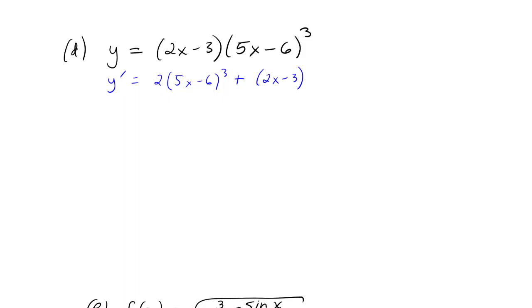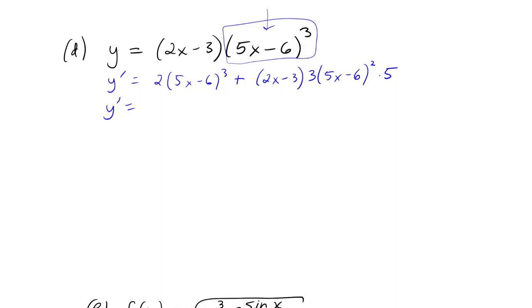So the derivative of 5x minus 6 cubed, right, that's something cubed, so that's a 3, 5x minus 6 squared, times, go inside, take the derivative of what's inside, 5.